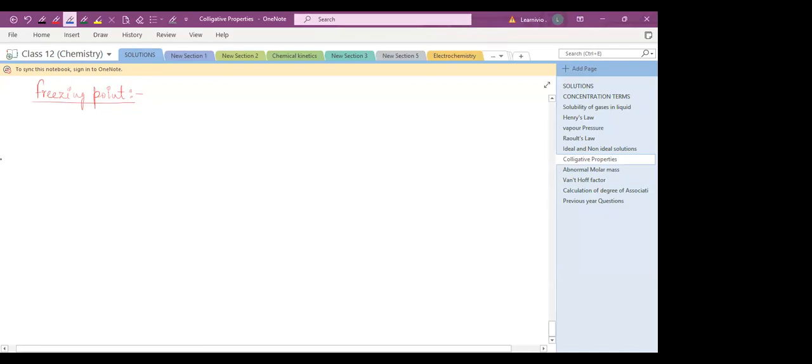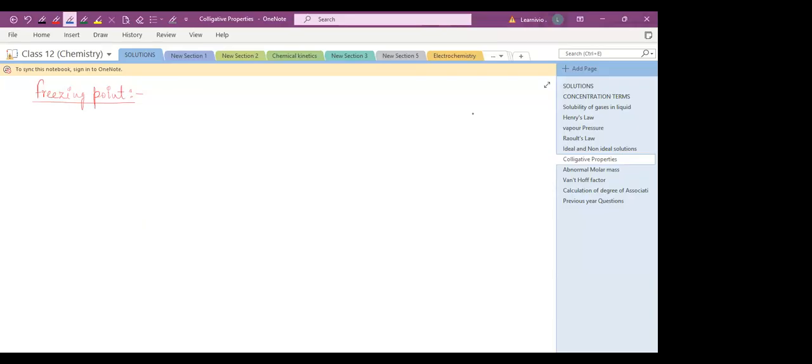Aniba and Jubita. What is freezing point? Can you please explain? It's like the temperature at which the liquid can turn into solid.